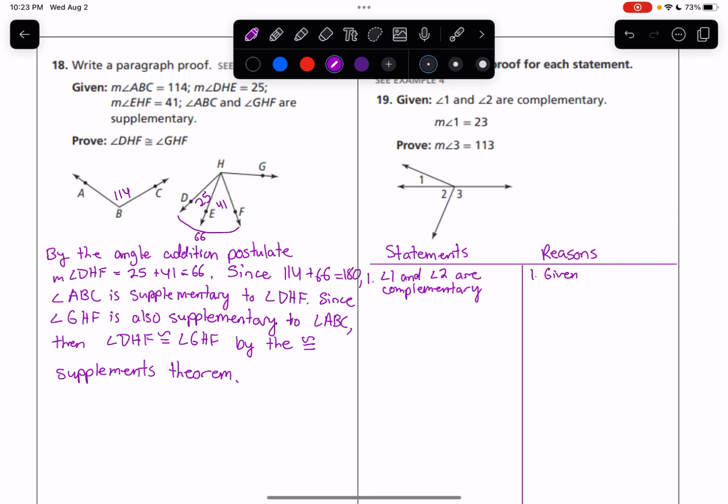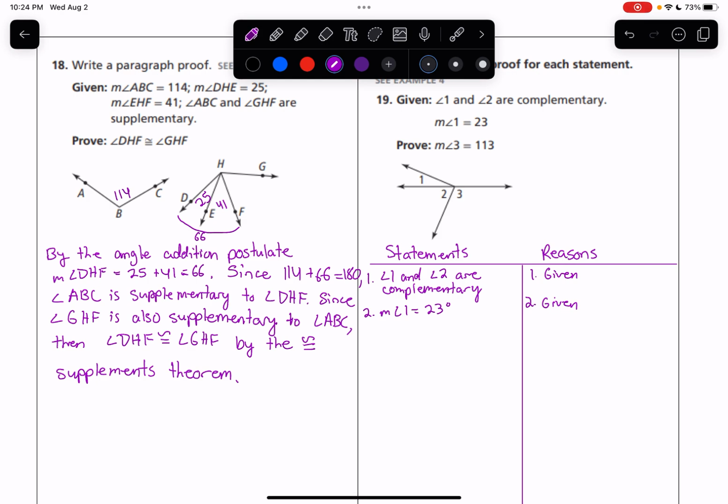And there was another piece of given information that we can use as our second statement, that the measure of angle 1 is equal to 23 degrees. So that was also given.